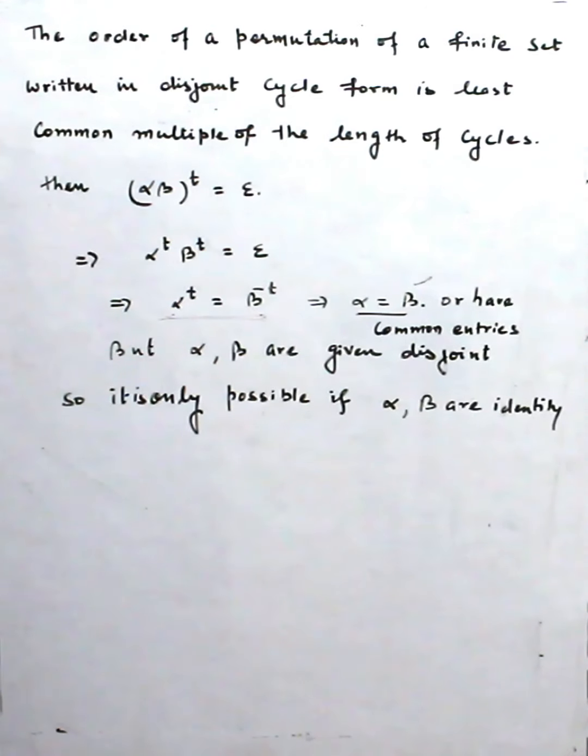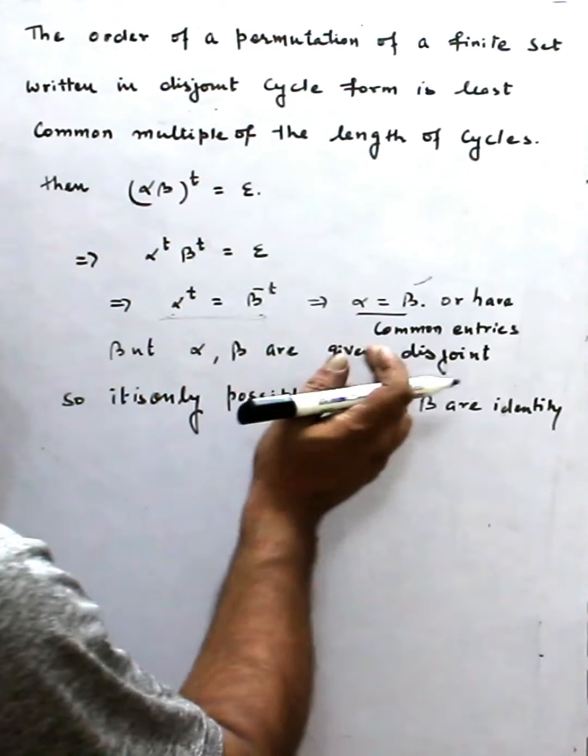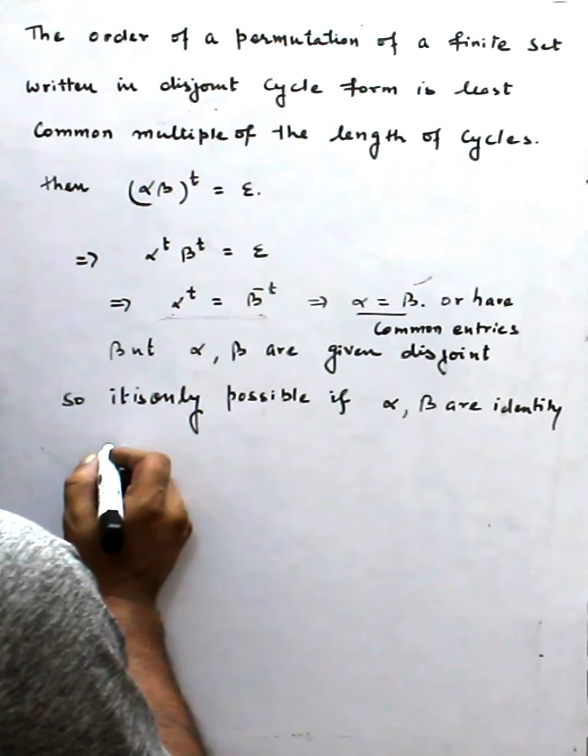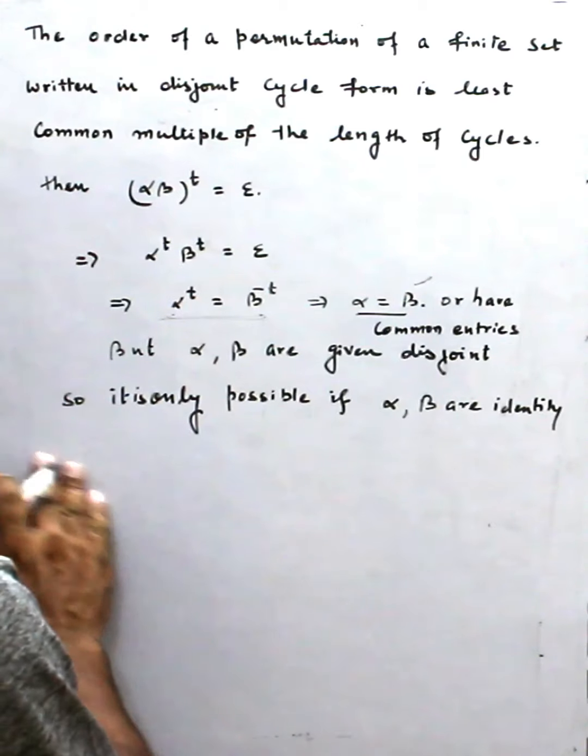Only then is this possible, right? It follows that, but actually they are not identity, so a contradiction comes.